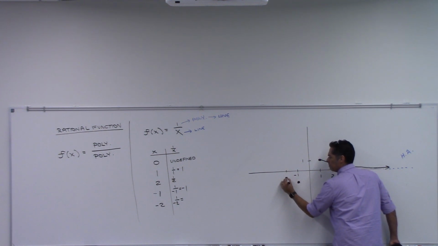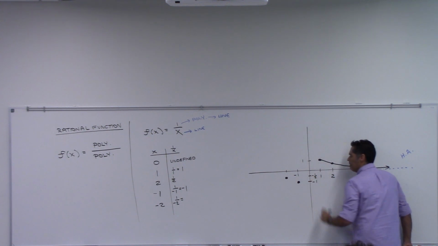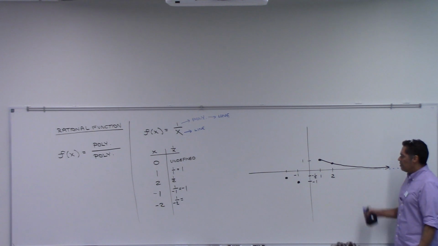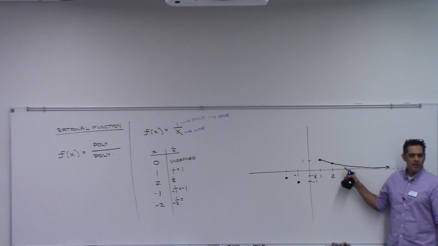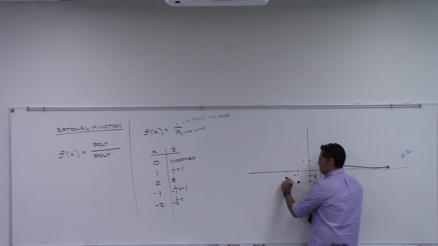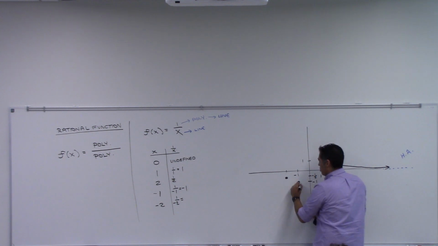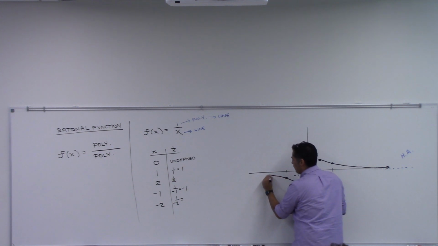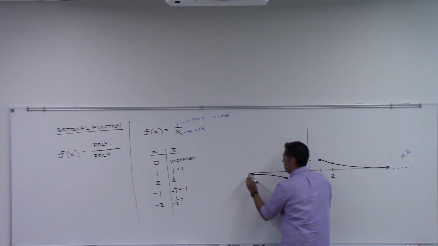Like right here? That's -1, so -1/2 is right there. So this looks like it's doing the same thing, right? The further I go this way, it gets closer and closer to 0, right? But from the bottom instead of the top. So it looks like this, and hey, we still have that horizontal asymptote over here, don't we?